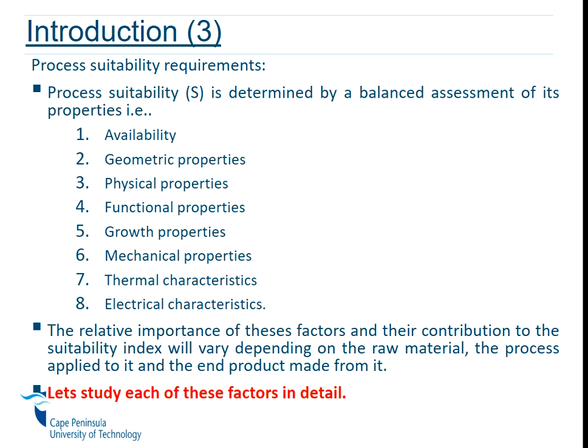What we need to understand, therefore, is that the relative importance of these factors and their contribution to the process suitability index will vary depending on the raw material, the process applied to it, and the end product that is made from it. So all these factors, they are very important. However, this depends on the raw material that you have.